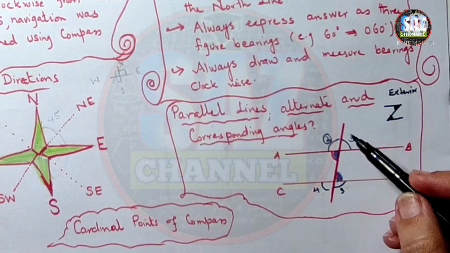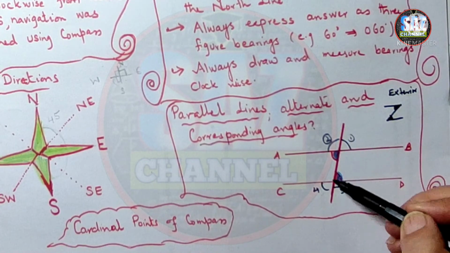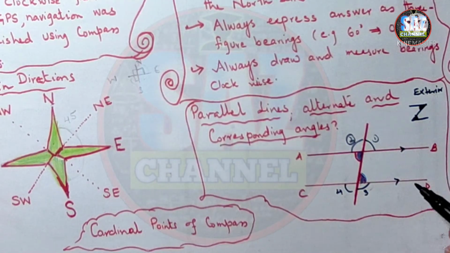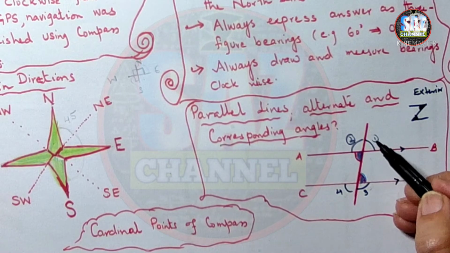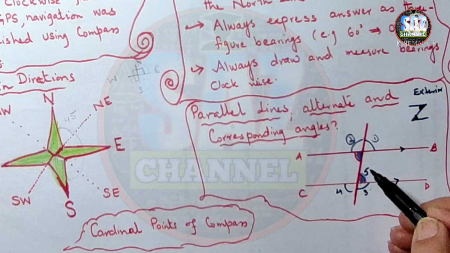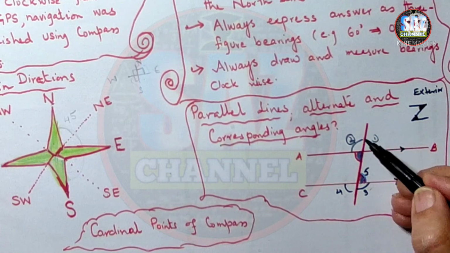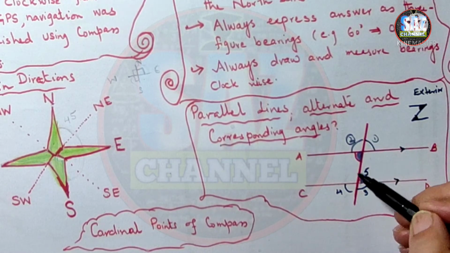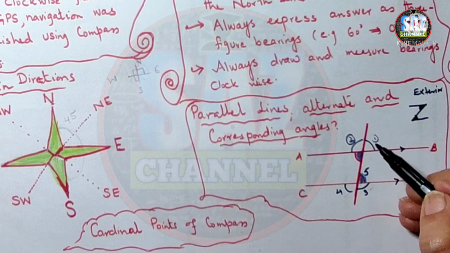Okay, and then we can see that this is the transversal. AB and CD are two parallel lines, and angle 1 and this is suppose 5, angle 1 and angle 5, they are on the same side of the transversal, one interior and one exterior.